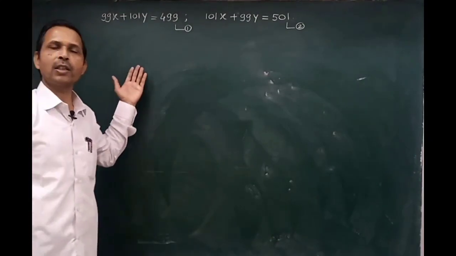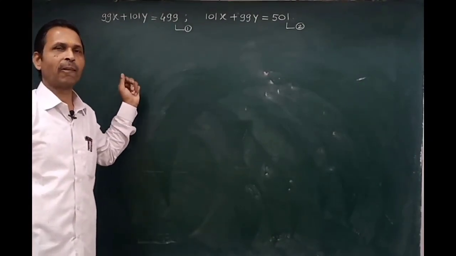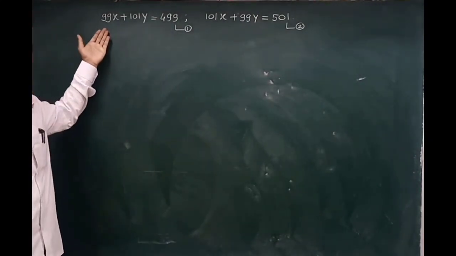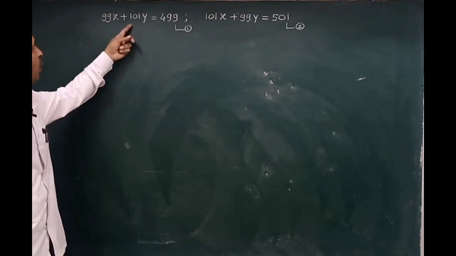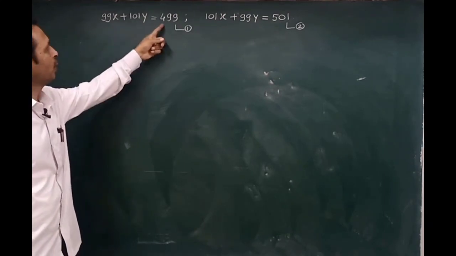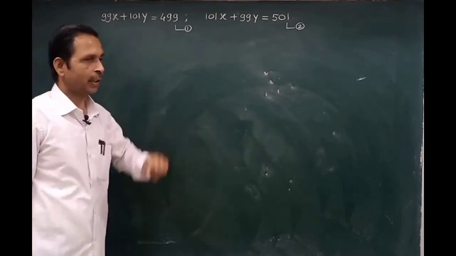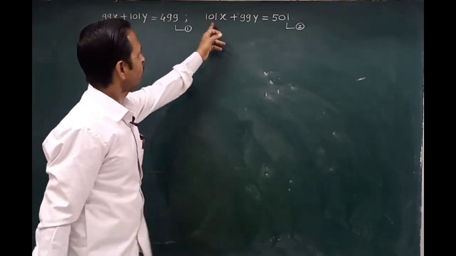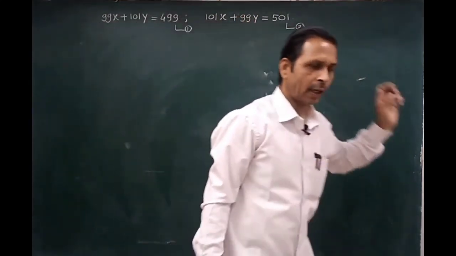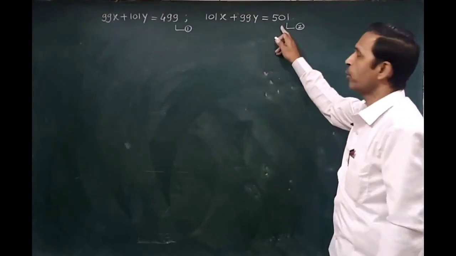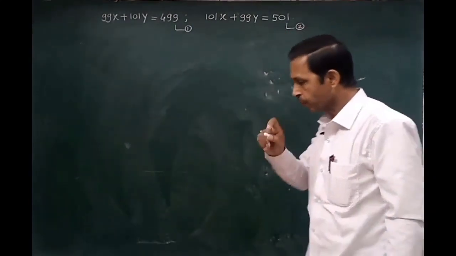Now let us solve this type of example. Observe this example. 99x + 101y = 499. Here is 101x + 99y = 501.